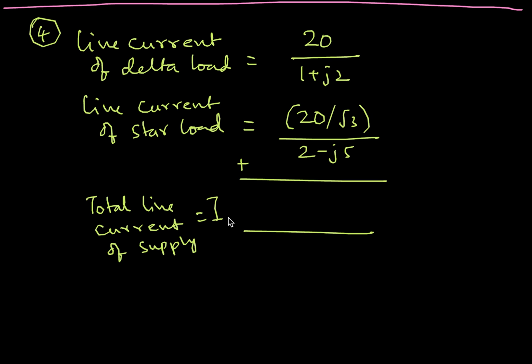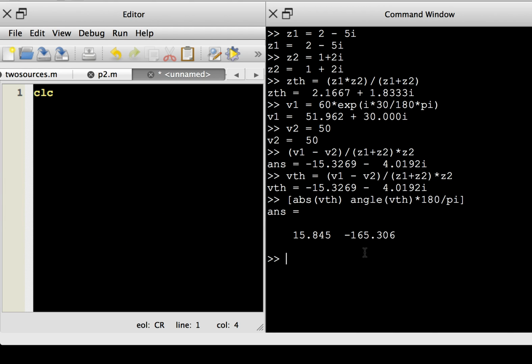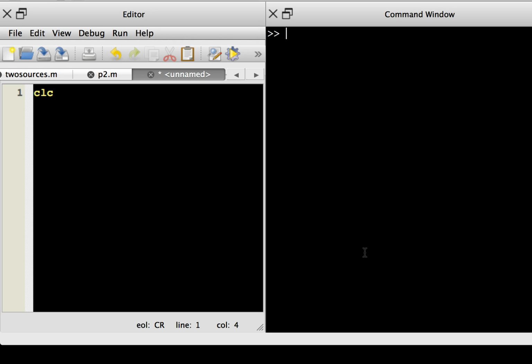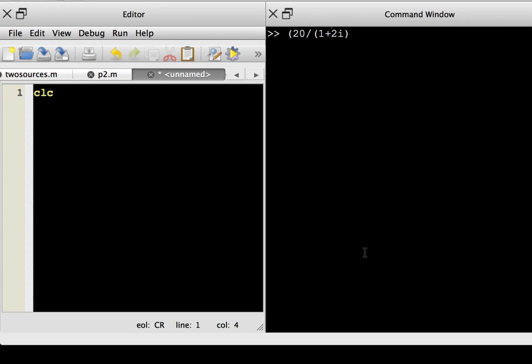Let's define it as IS. So let me do that quickly. 20 divided by 1 plus 2i, this is one current, plus 20 by square root of 3 divided by 2 minus 5i.